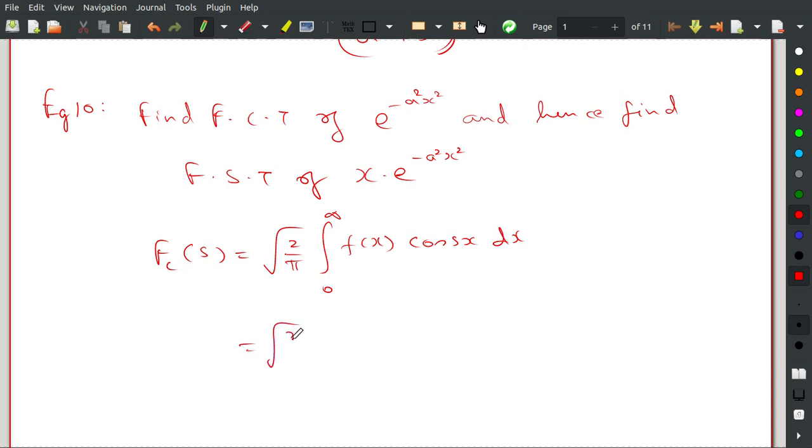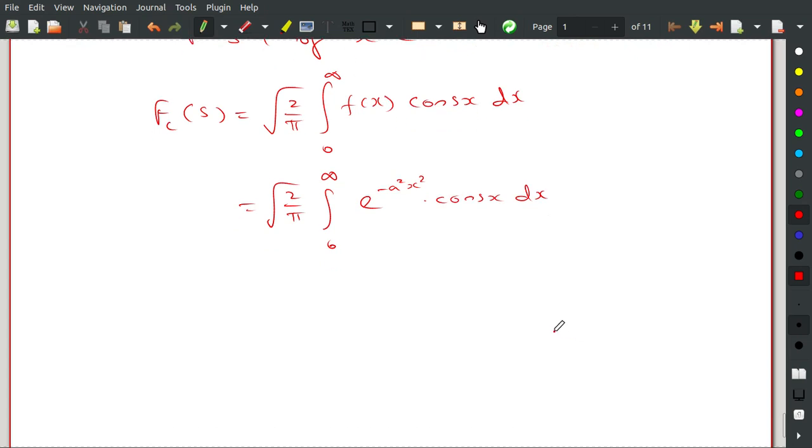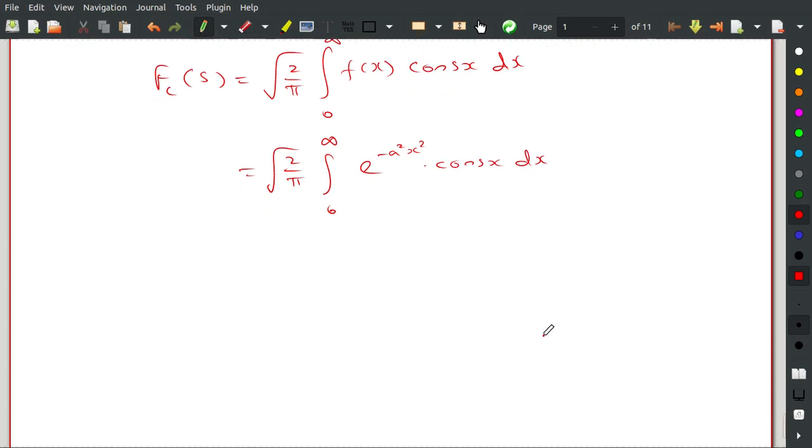Therefore we have root 2 by pi integral 0 to infinity, and instead of f of x we put e power minus a square x square into cos sx dx. Let me rewrite this whole equation as a real part.